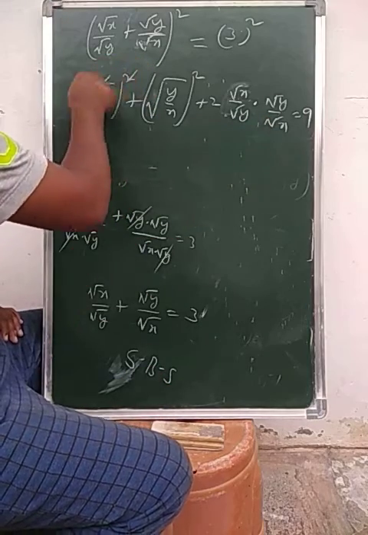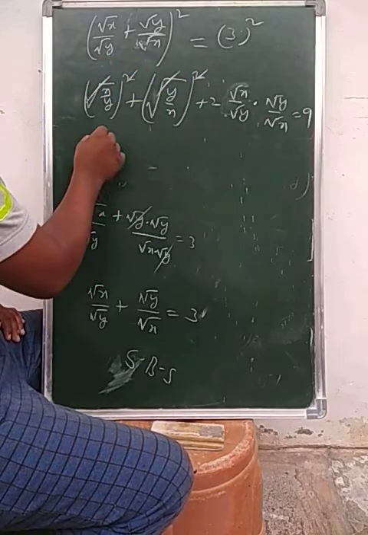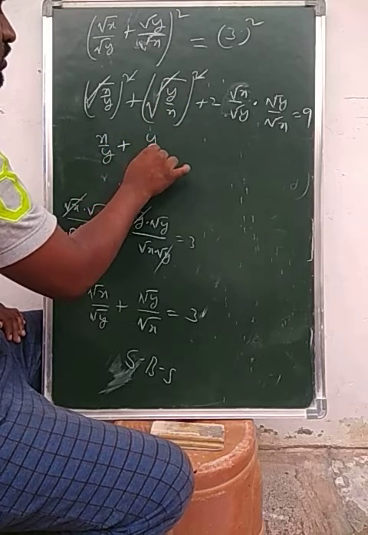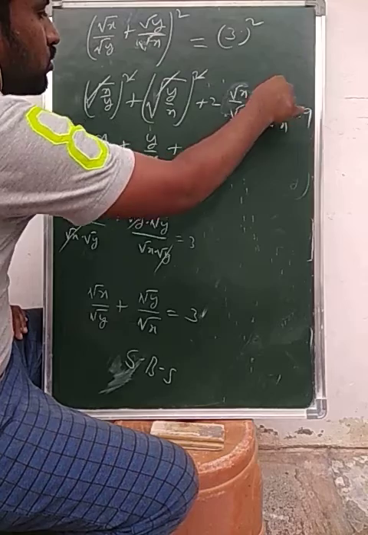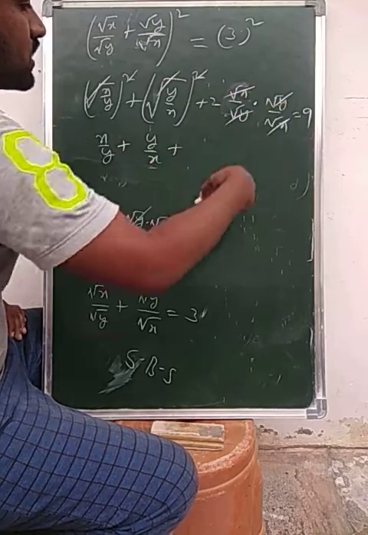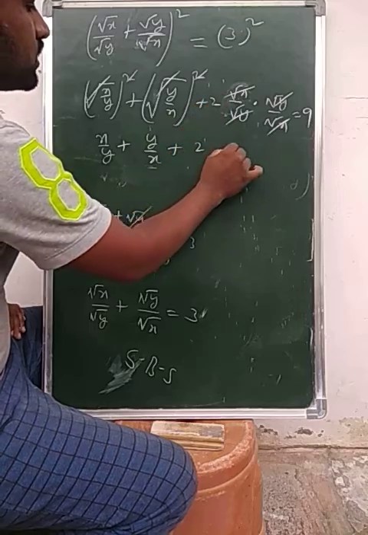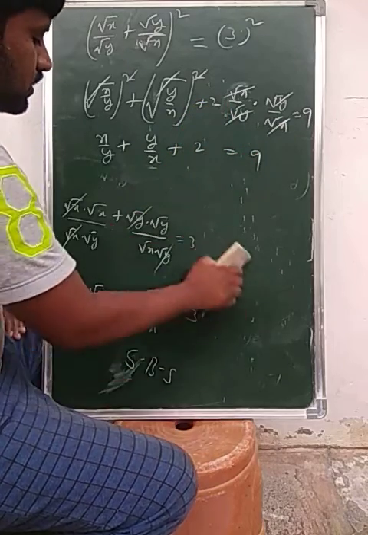Now the square roots cancel, so we get x by y plus y by x plus, here root y cancels and root x cancels, the remaining is only 2, that is equals to 9.